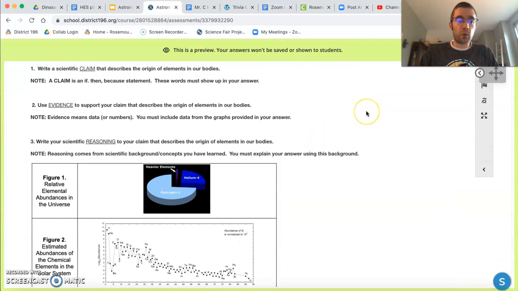Step number 3, it says write your scientific reasoning to your claim that describes the origin of elements in our bodies. Here it is. Here is where you're really going to show me what you know and go through the explanation and the reasoning and all of the background. It says note, reasoning comes from scientific background or concepts you have learned. You must explain your answer using this background.